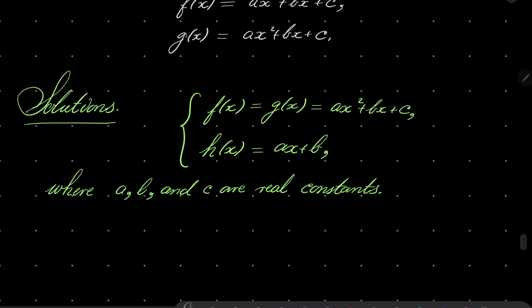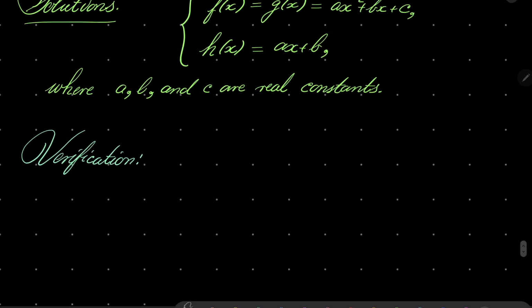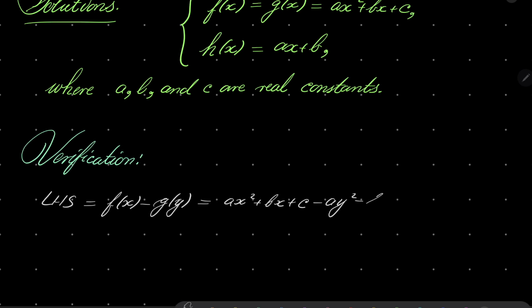All right, but now, very important, verification. Let's verify. So let's compare the left-hand side with the right-hand side. On the left-hand side of our very first functional equation asterisk, we have f of x minus g of y. Well, f of x minus g of y is ax squared plus bx plus c minus ay squared minus by minus c.